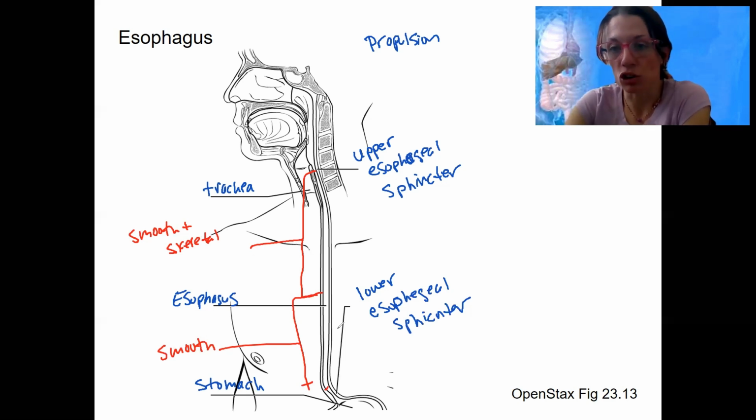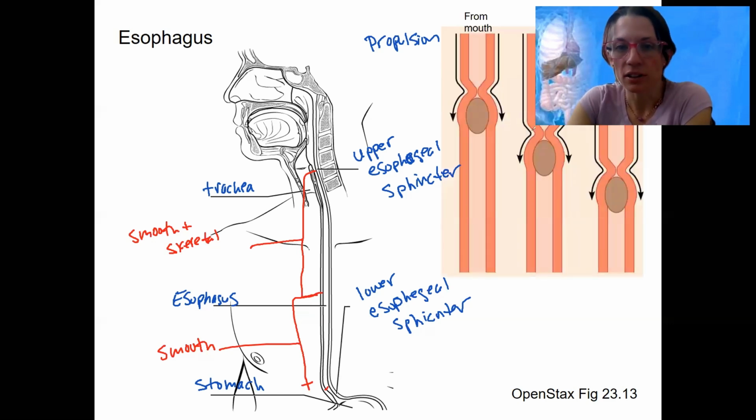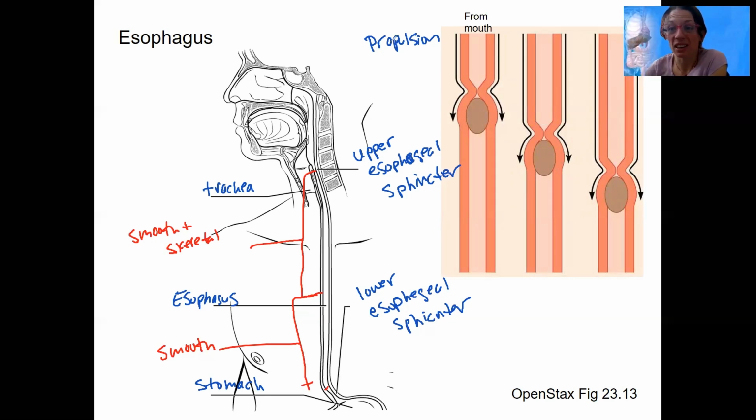This smooth muscle is going to contract and relax and allow our esophagus to move food, the bolus, down it. This is called peristalsis, and we'll see this again, both in the intestine and in the esophagus. So peristalsis is movement in one direction, in this case from the mouth to the stomach.